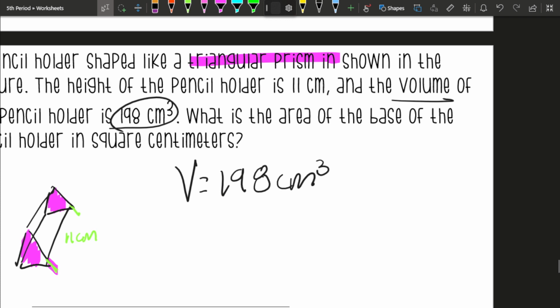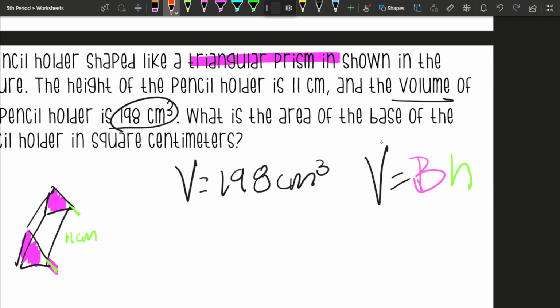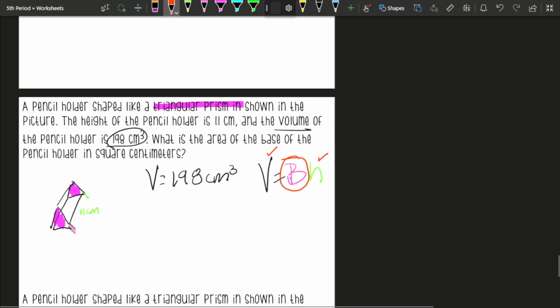Remember, the formula is V equals uppercase B times the height. In this case, they already gave me V and H. I need to find B. So if we kind of set this up like we did with circles, this is volume, this is uppercase B and H. And if we're looking for B, what do we do?